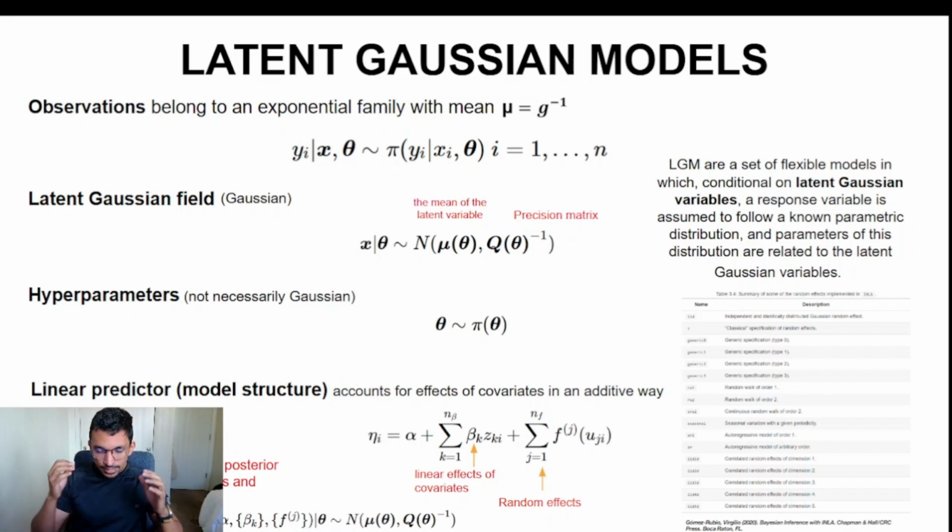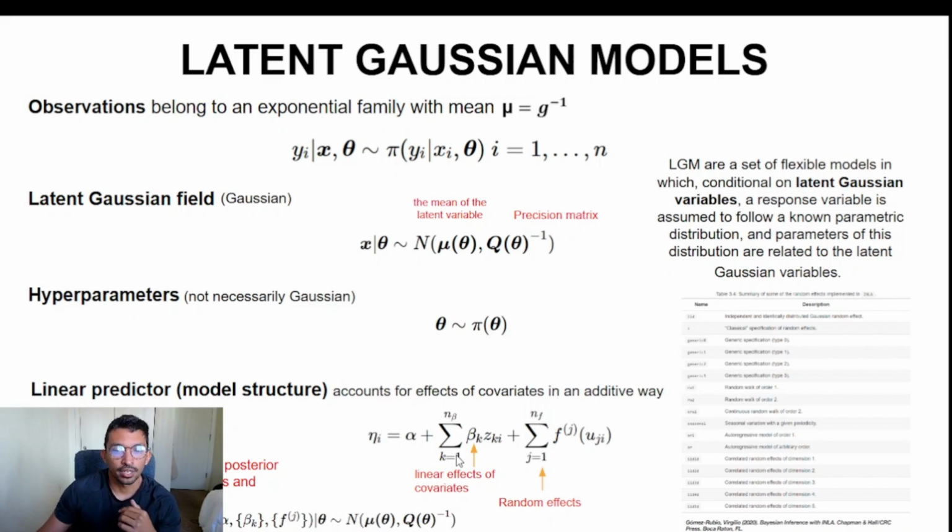But we know this Gaussian distribution is affected by a specific hyperparameter, and this hyperparameter follows a different distribution, not necessarily a Gaussian distribution. Remember, please, the strong assumption here is the latent Gaussian field. As a linear predictor, this is a way to compile everything.